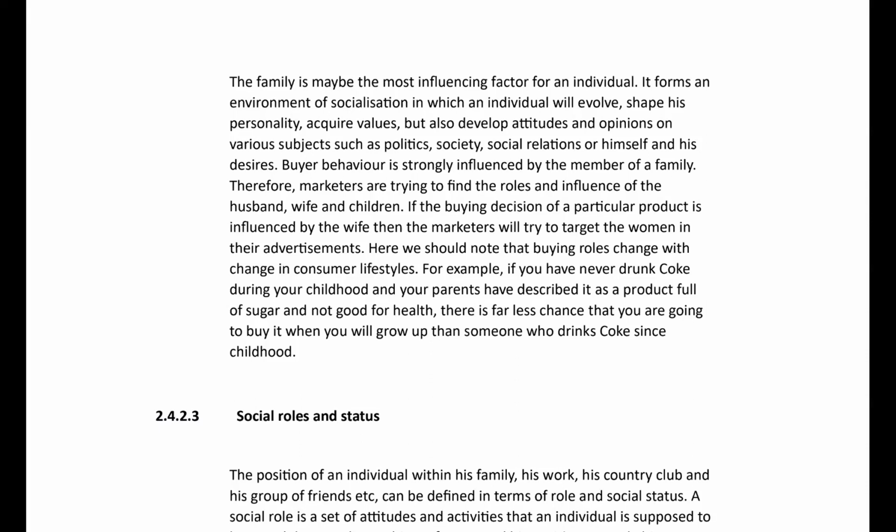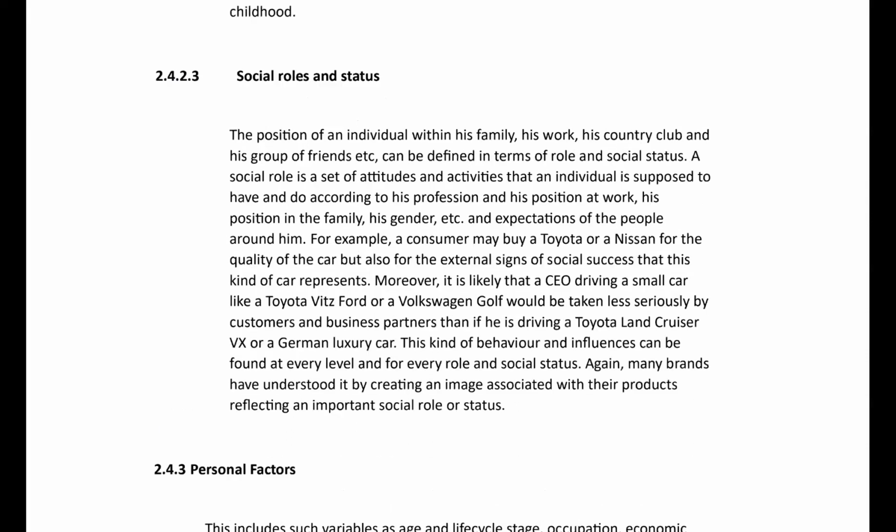The social roles and the statuses. With the social roles and status, you can see that the position of an individual within the family, or his work, their country club, and their groups of friends can be defined in terms of roles and social statuses.